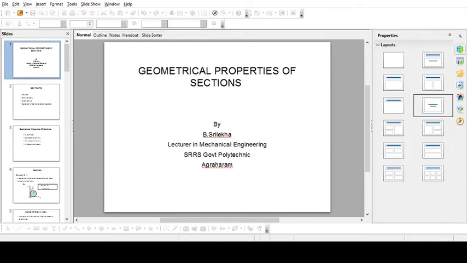Next, centroid. For a square, the center can be located where the diagonals meet. If A is the side of the square, then it is simply A by 2 comma A by 2.